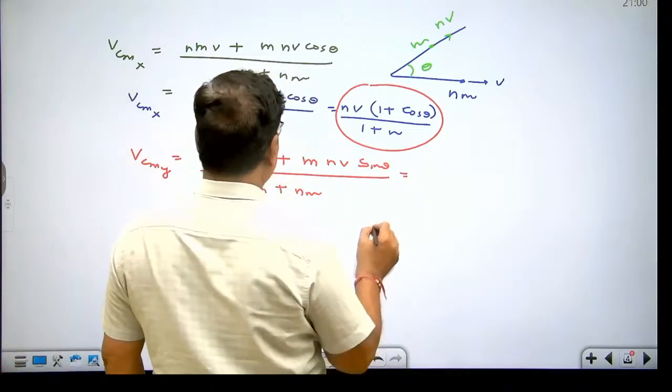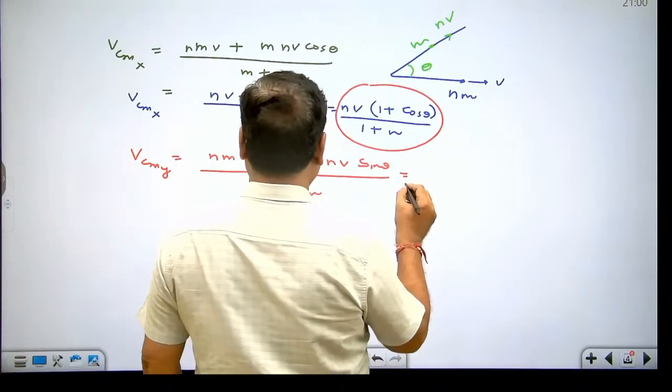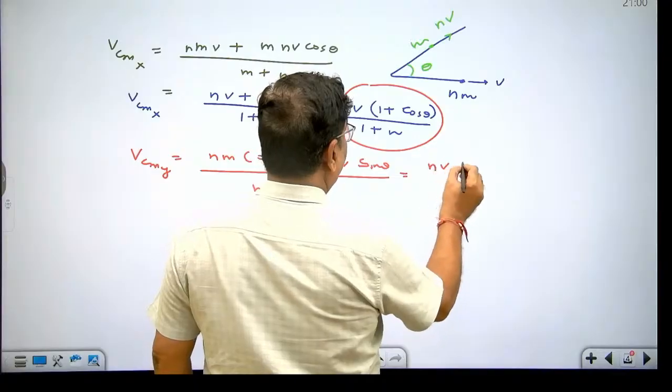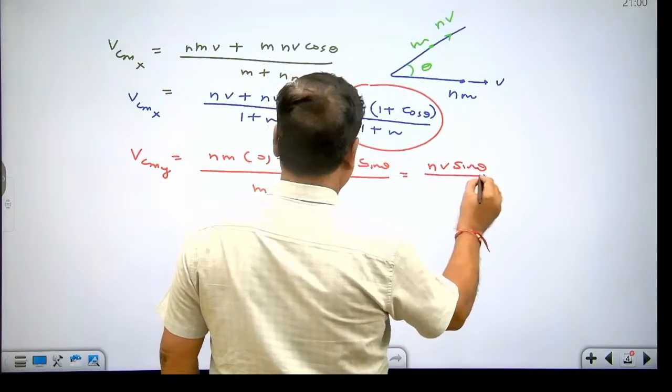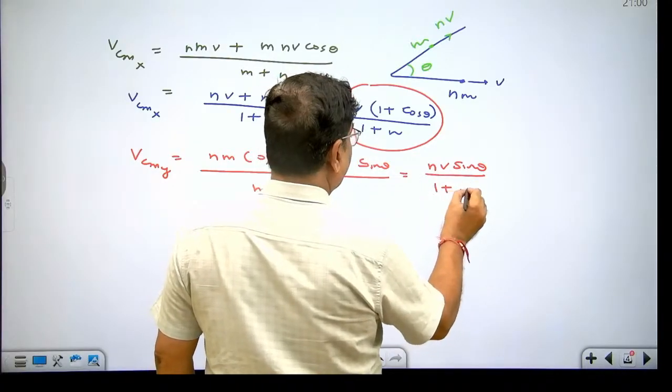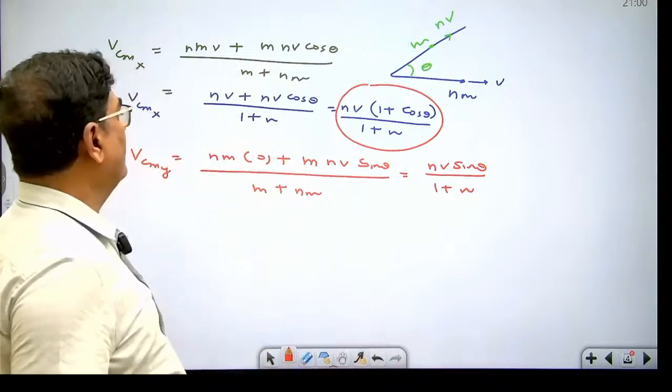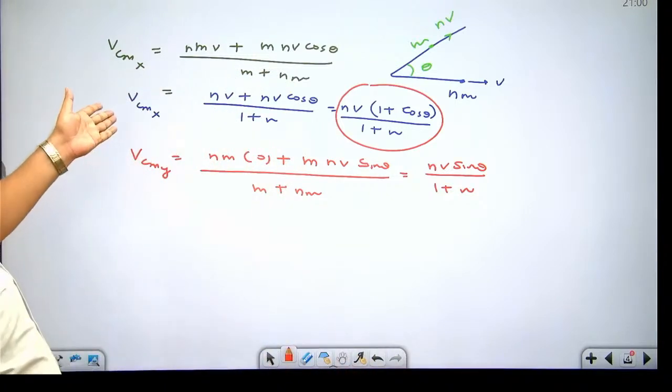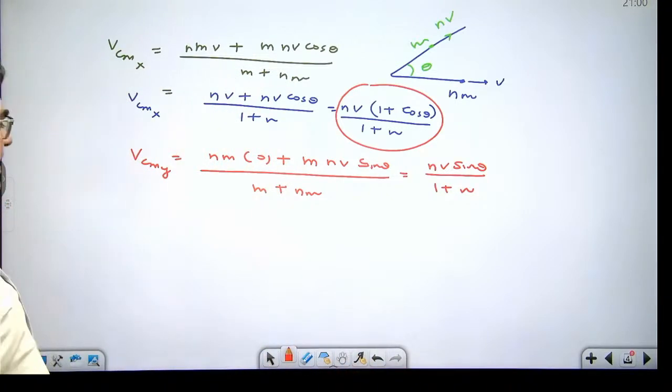After solving this, m will get cancelled, nv sine theta divided by 1 plus n. Now this is the velocity of center of mass in the x direction, and this is the velocity of center of mass in the y direction.